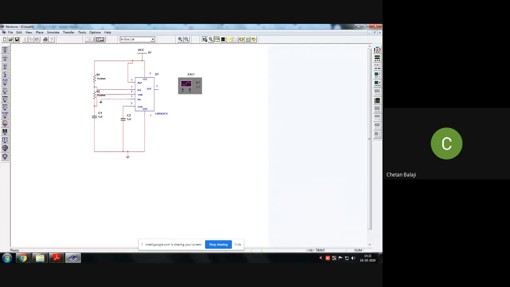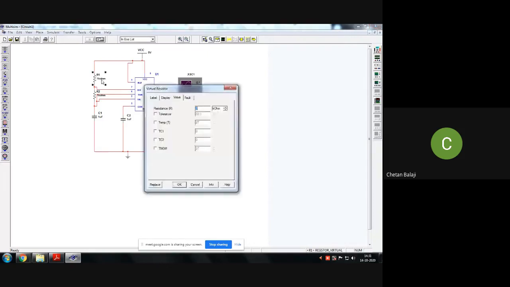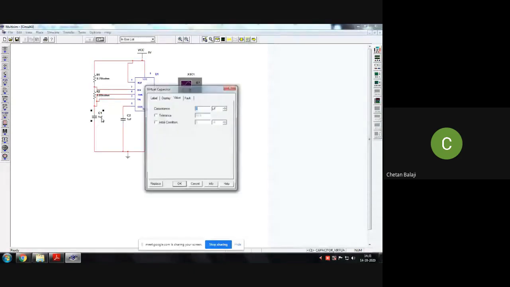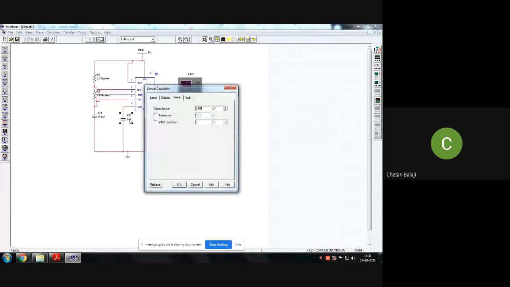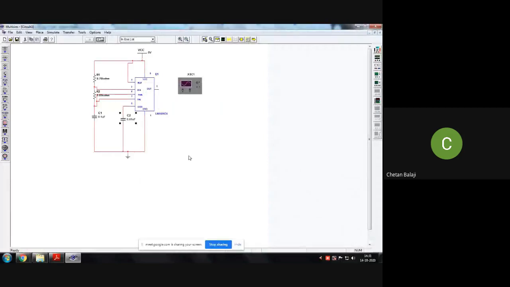Change the values by double clicking. R1 is 8.76 kilo ohm, R2 is 5.85 kilo ohm, capacitor 1 is 0.1 microfarad, capacitor 2 is 0.01 microfarad. The values are changed. Finally, pin number 3 is your output pin.